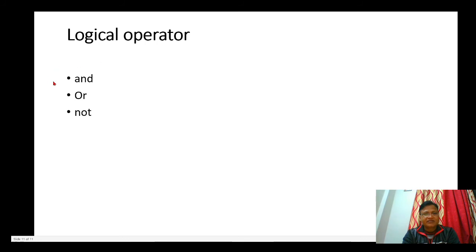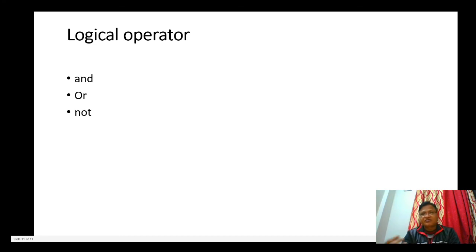So there are three types of logical operators available in Python, and these are AND operator, OR operator, and NOT operator. So AND we will use whenever we want to check whether both the conditions are true or not, OR we will use when we want to check whether any one of the conditions is true or not. And finally the NOT operator is used to invert the output.